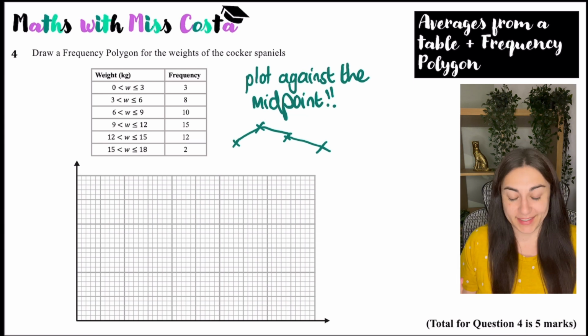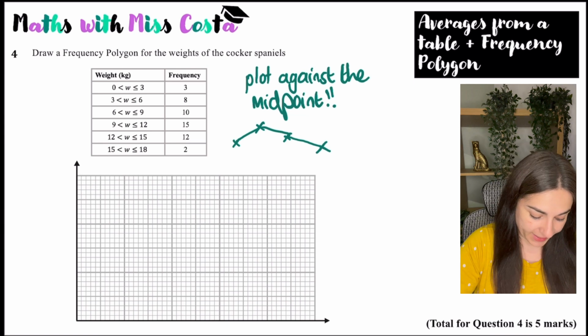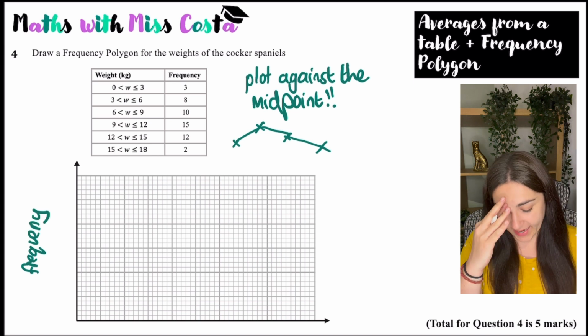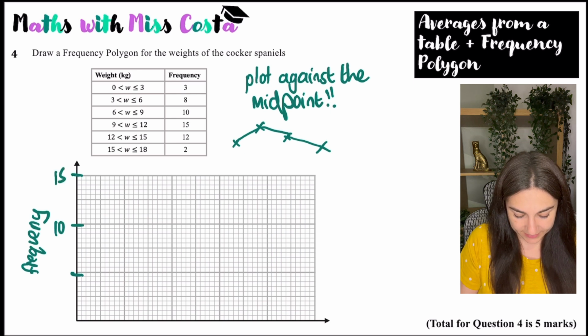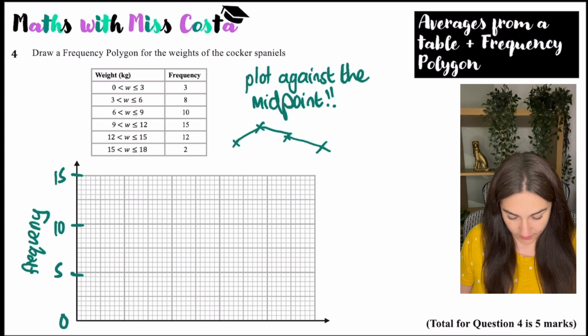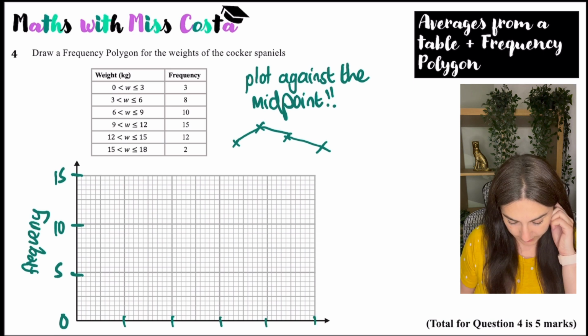So first things first, I need to think of a suitable scale. So frequency is always going to be your y-axis, and the frequency goes up to 15. So I've got 1, 2, 3 large blocks, so it makes sense to do 5, 10, 15, and 0. Now my x-axis goes up to 18, and I've got 1, 2, 3, 4, 5 large blocks. So 20 divided by 5 is 4.